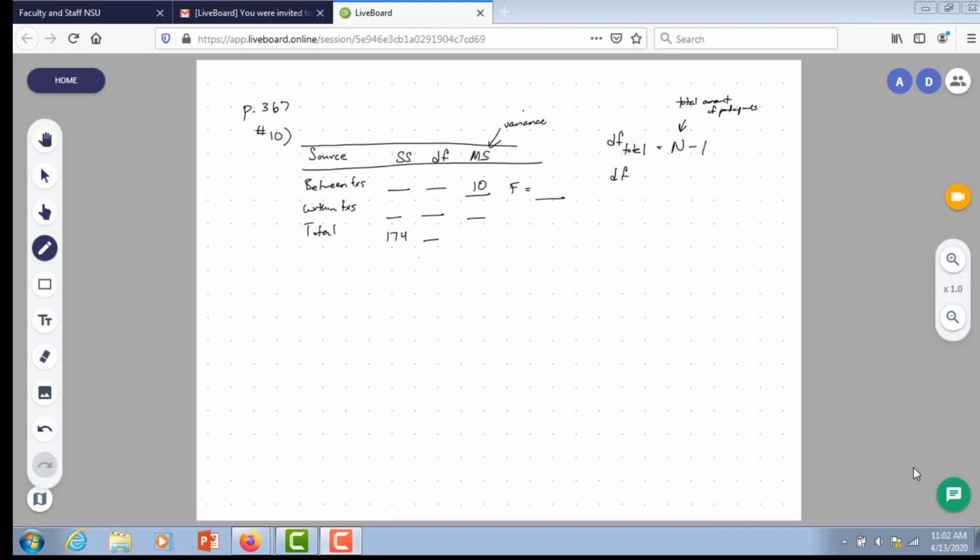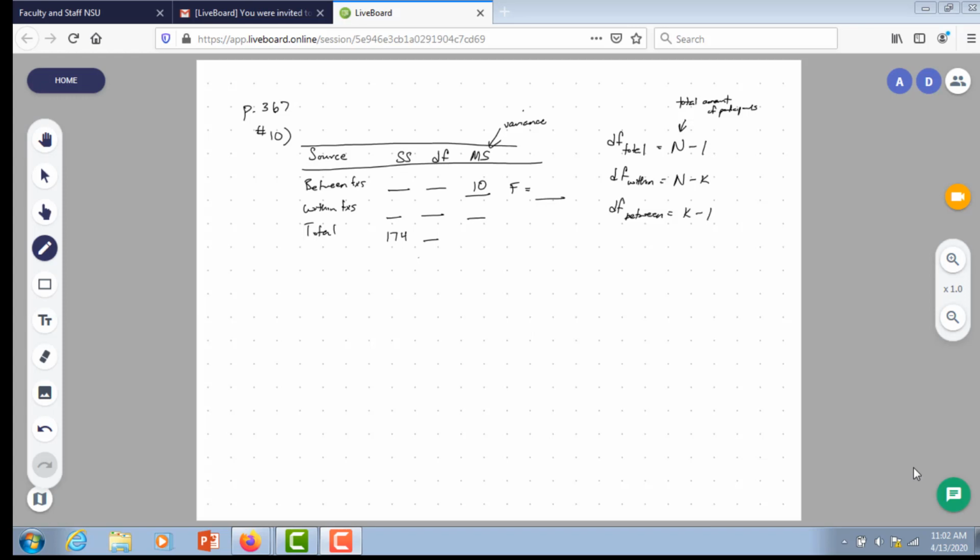We have degree of freedom within, which is capital N minus K, and we have degree of freedom between, which is K minus 1.